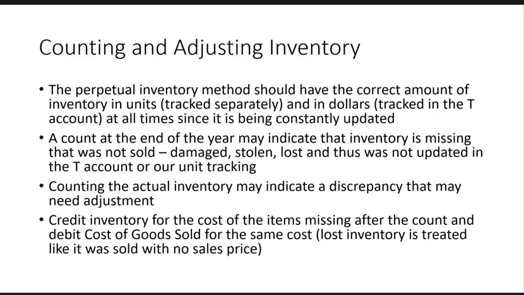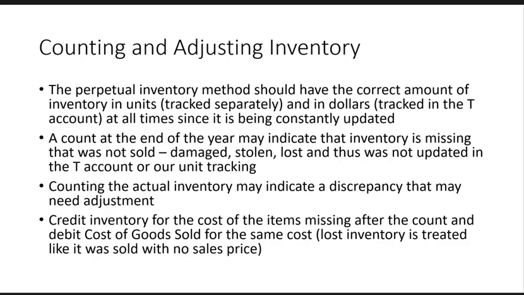Just because we use a perpetual method, everything should be tracked. Every time you sell something, it should reduce your inventory. Everything you buy should make it go up. It should be constantly updated. At any time, we should be able to look at the T account and it should match what we have on our shelves.